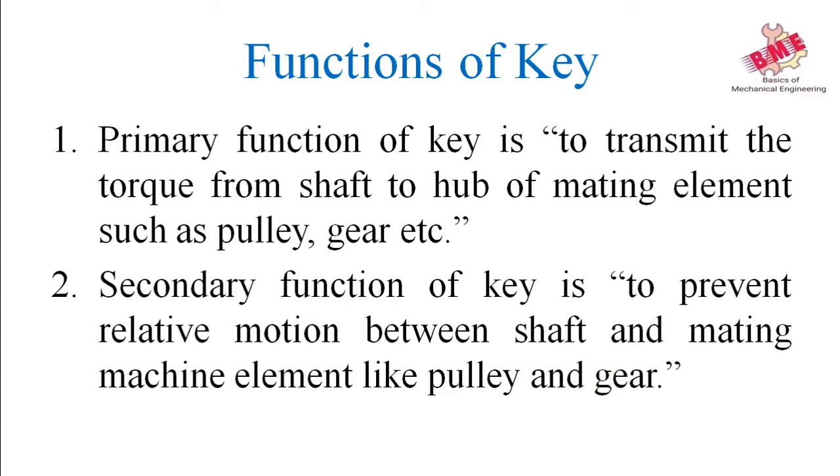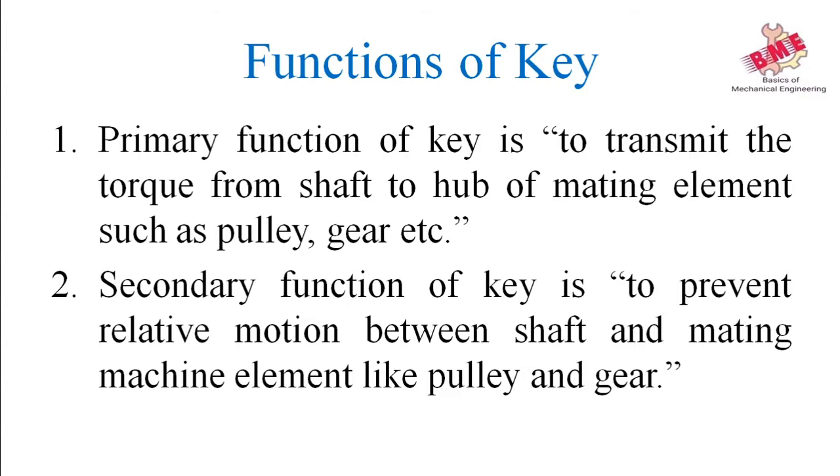In simple words, speed of the shaft with the key inserted should be equal to the speed of mating machine part like pulley or gear mounted on the shaft. In most of the cases, keys also prevent axial motion between two elements.